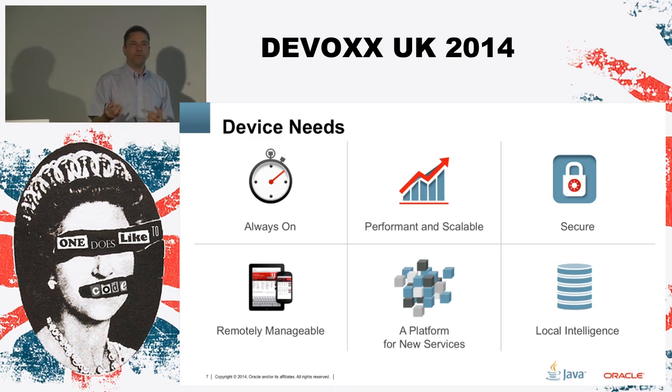It has to perform. That's also very important because despite Moore's law, what we're dealing with here is devices that have a very small footprint. So we're talking about kilobytes, maybe megabytes of memory, but not necessarily gigabytes of memory. Storage is going to be limited. Processing power is going to be limited. So we need something that's going to perform, something that's going to scale.